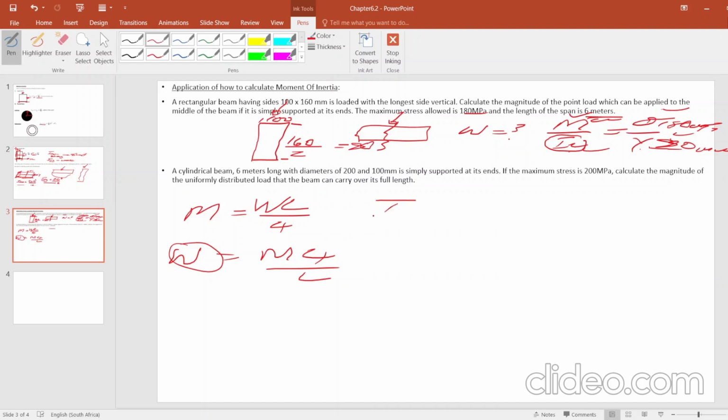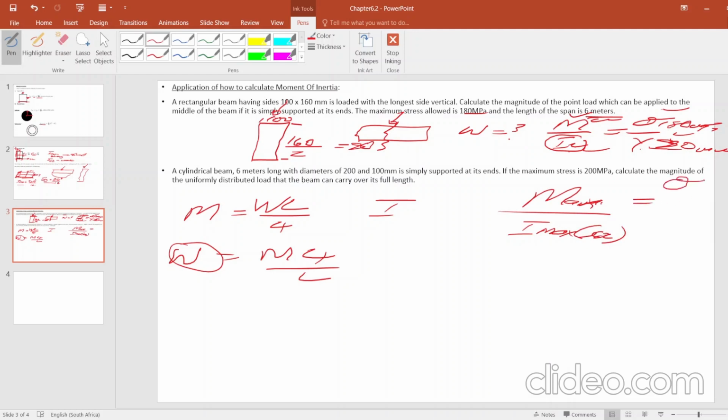Now in calculating the moment, remember, on this formula, this is your maximum bending moment, M max. The IXX is as well the max. In calculating the moment of inertia, you must always work with the strongest side.